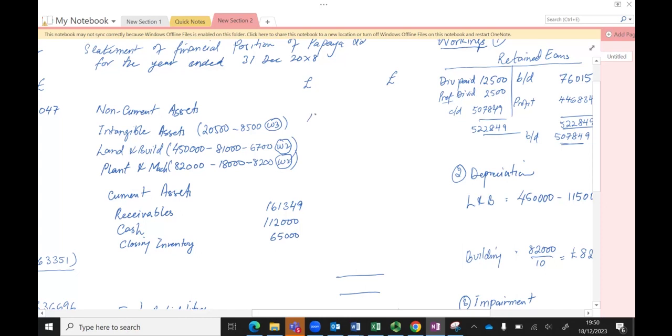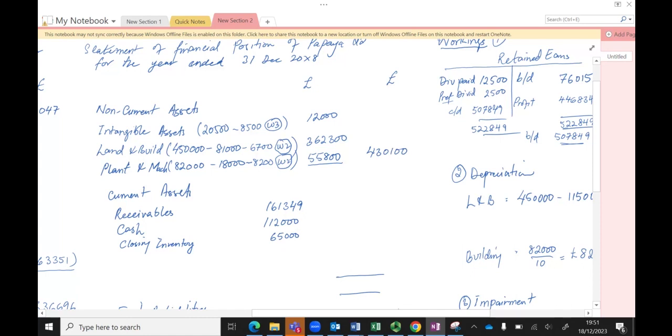Now intangible assets are 12,000, 362,300, 55,800, and the total of these three is 430,100.